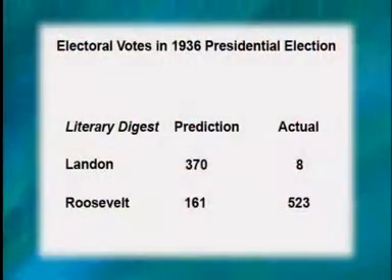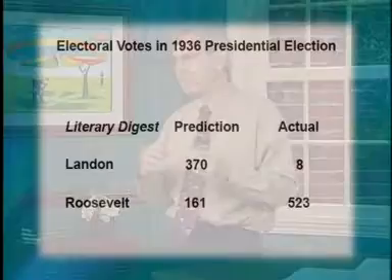Roosevelt won the election by an incredible 523 electoral votes to 8 for Landon. Roosevelt won 62% of the popular vote in this election. Obviously, the Literary Digest sampling method was not getting a sample that was representative of the whole population. What went wrong?